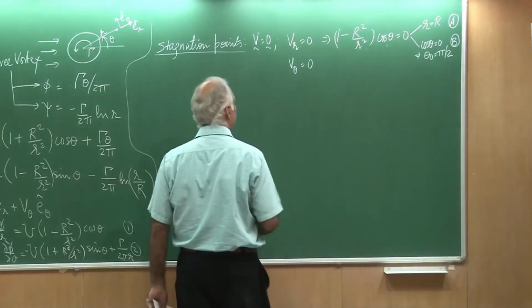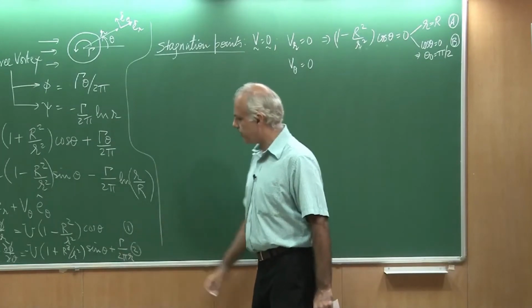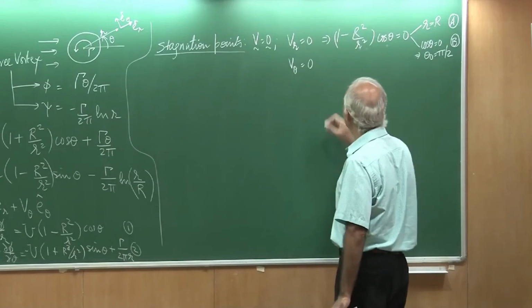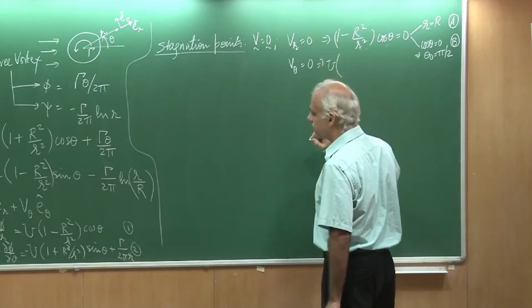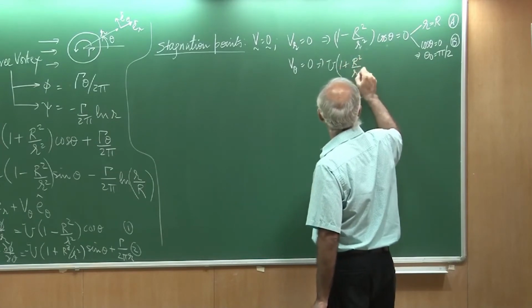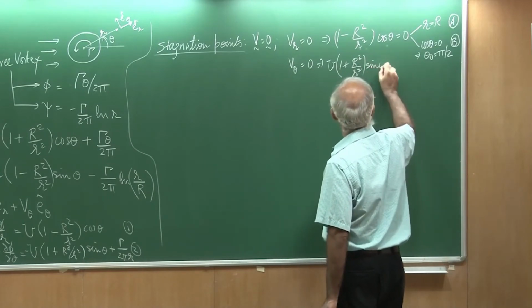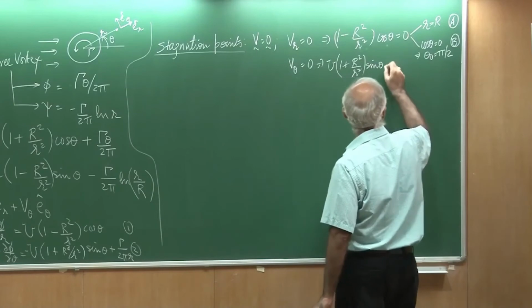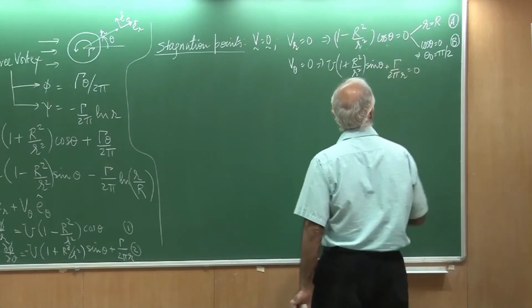Let us see what V theta equal to 0 tells us. If I put it in this expression over here, it implies u times 1 plus R square by small r square, sine theta, plus gamma by 2 pi small r is 0.